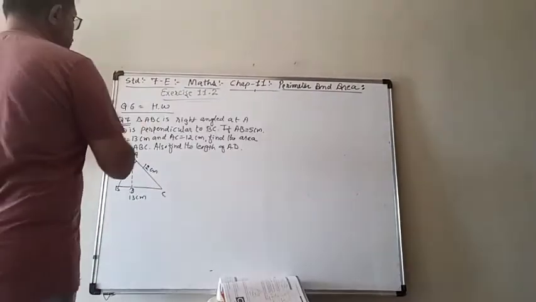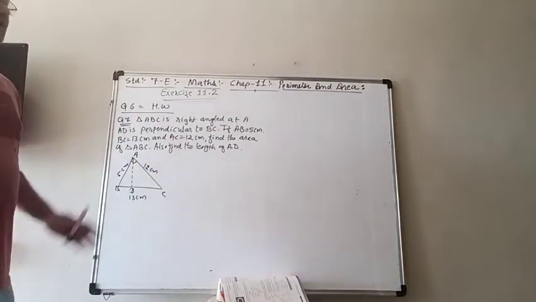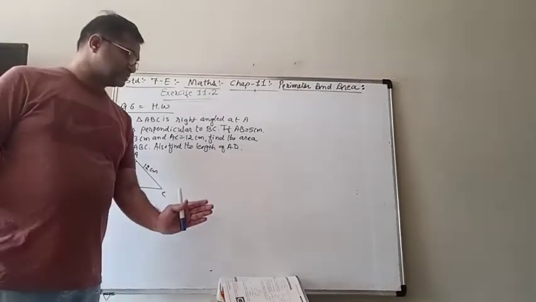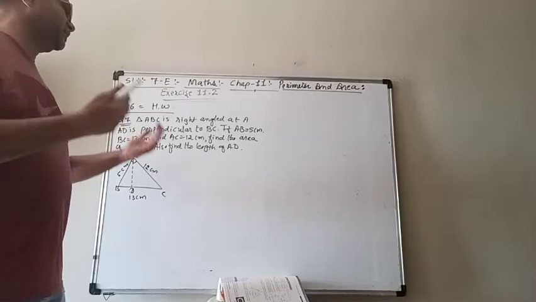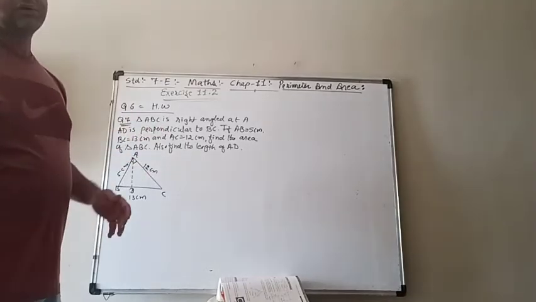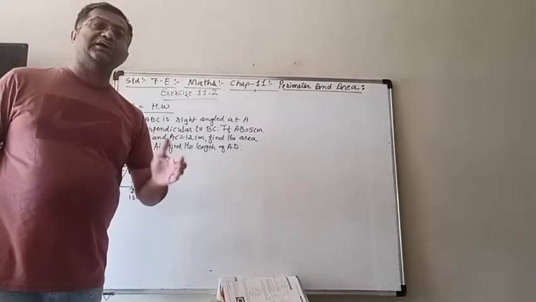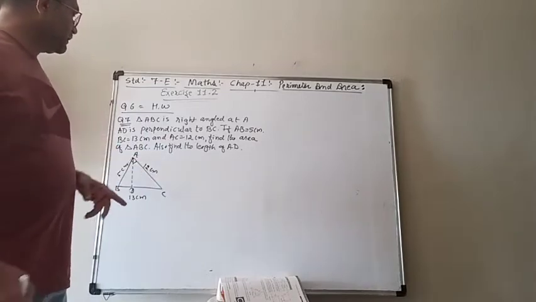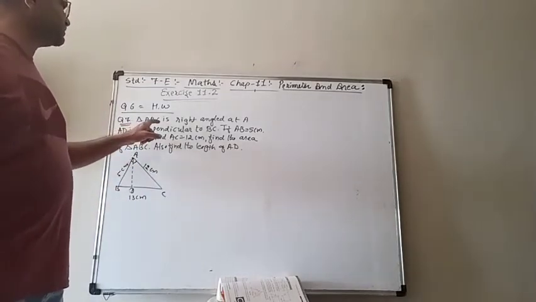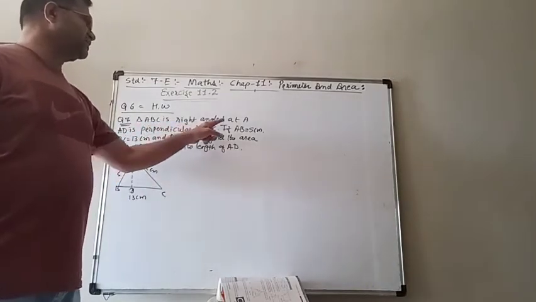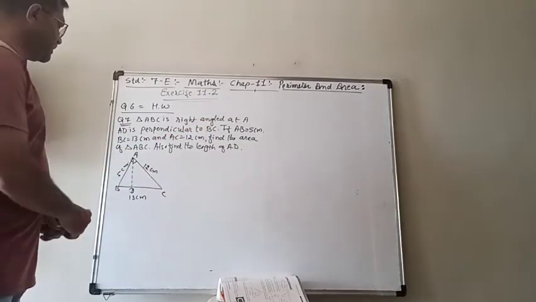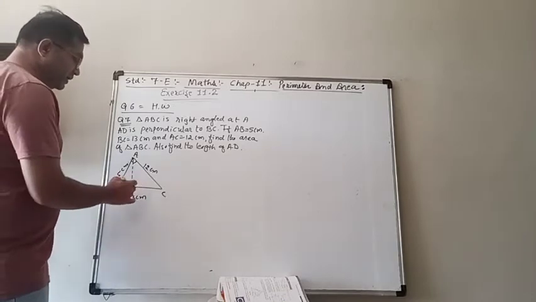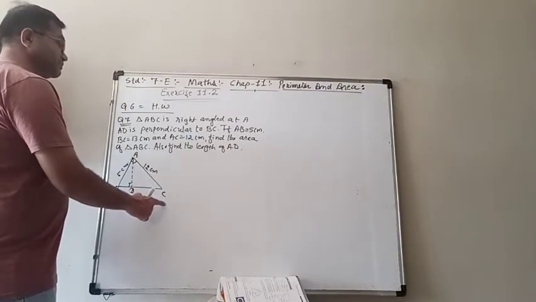So now here question 6 you can do for the homework, because it is same like the question 5. Only little difference is that the area will be given and you have to find the corresponding height or the base. Now here in question 7, triangle ABC is right angled at A, means here angle A is 90 degree and AD is perpendicular on BC.